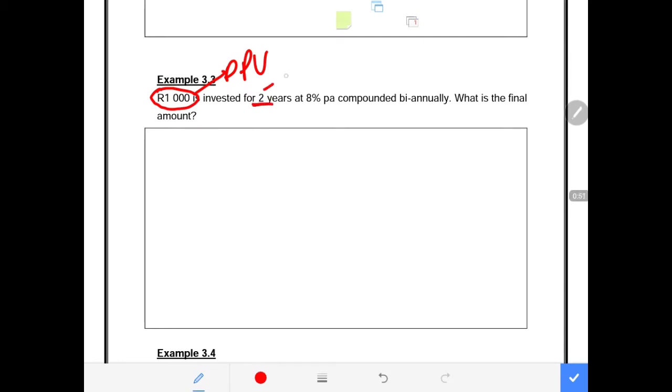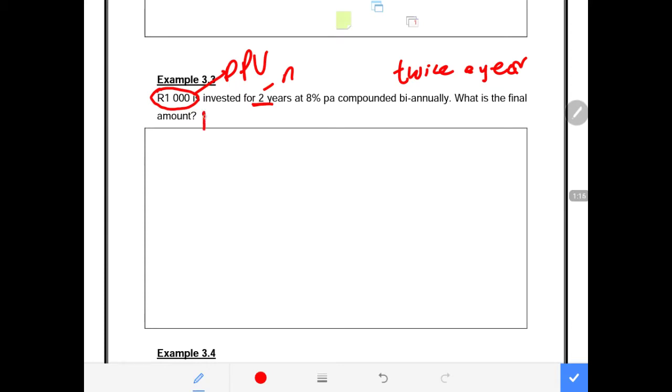That means this will be our n, at 8% per annum, compounded biannually. Take note of that. Biannually means twice a year, or every 6 months. Then it says, what is the final amount?